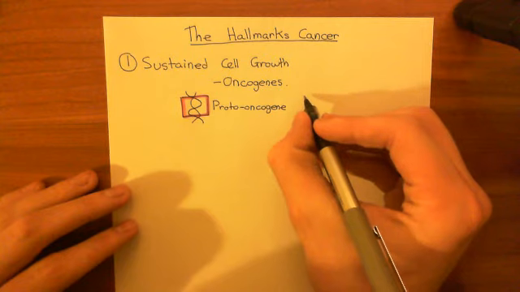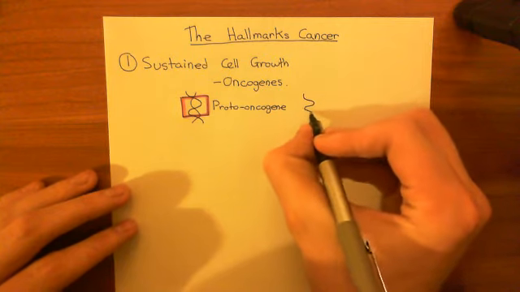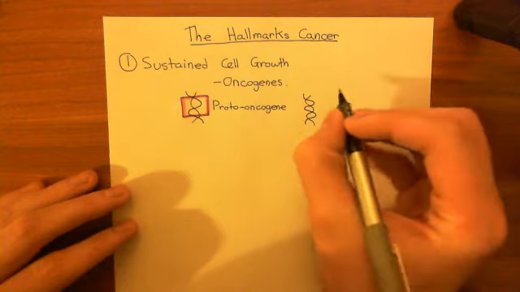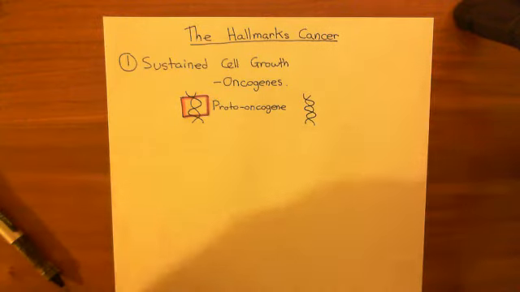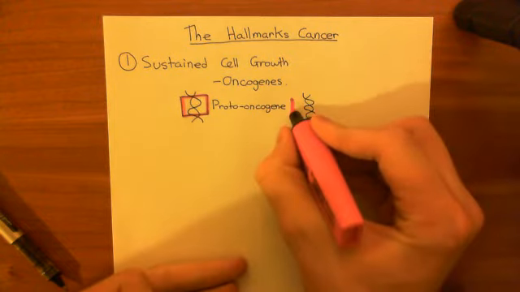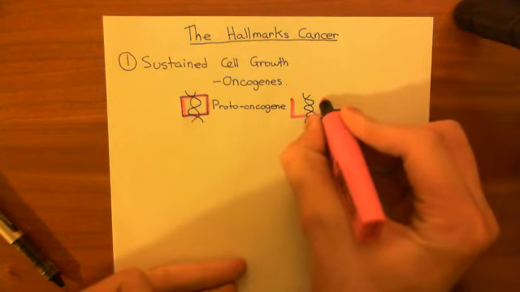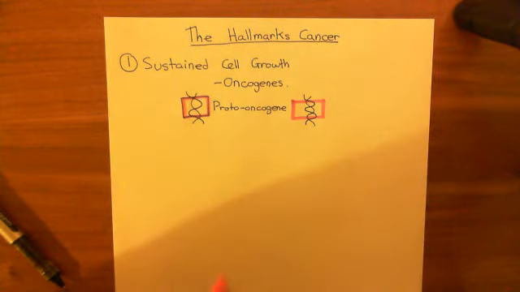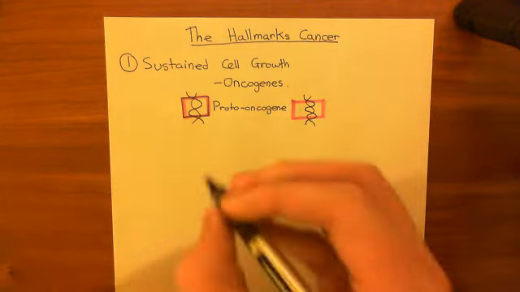The important thing is that we know, of course, that we have two copies of every gene. So let's say here's this other copy of this proto-oncogene. In order to get oncogenesis, in order for it to produce sustained cell growth, you only need a gain-of-function mutation in one of the proto-oncogenes.